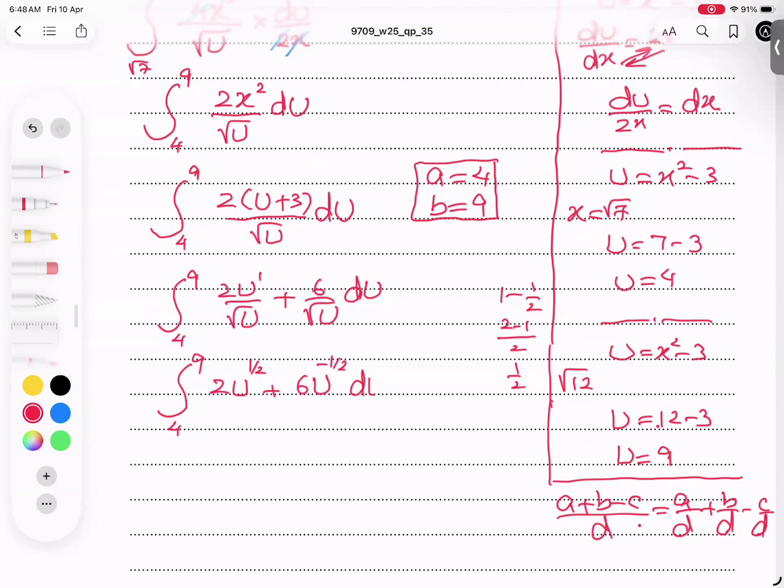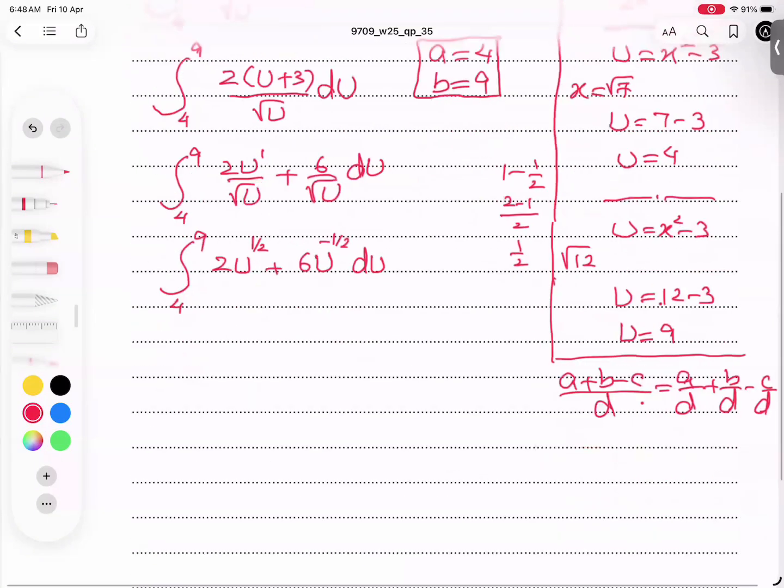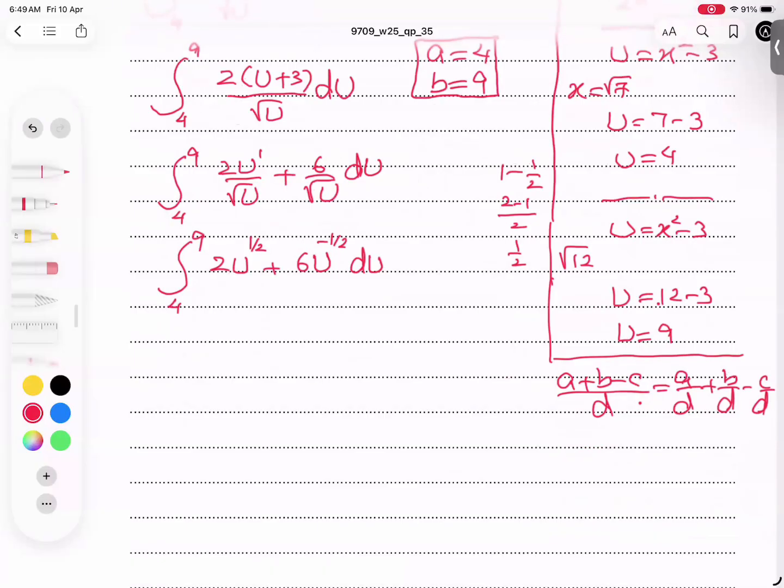The question is prepared for integration, so let's try to do it. Increase the power by 1, so 3 by 2 over 3 by 2. Increase the power by 1, so half over half. And the limits are very clear, 4 to 9.